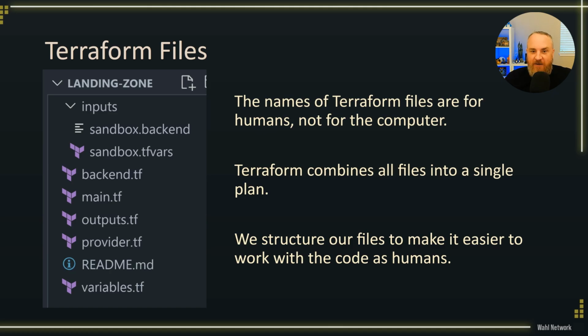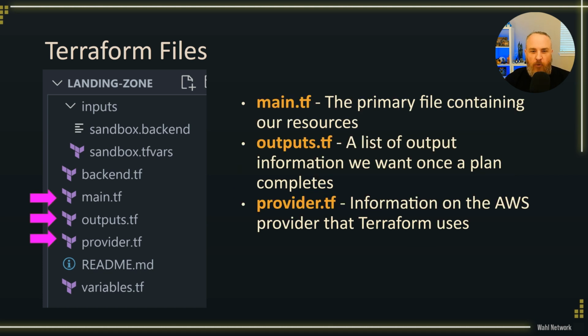It's just going to find all the Terraform files and sort of squish them together into one giant pile of Terraform and then interpret that to figure out what your plan is. The primary core files are here, main.tf being chief among them. This is the primary file that we're using to contain all of our main Terraform code, the resources that we want to build.